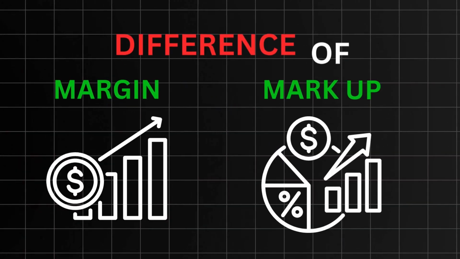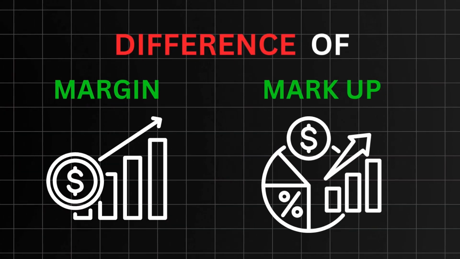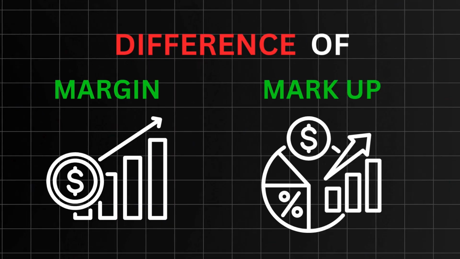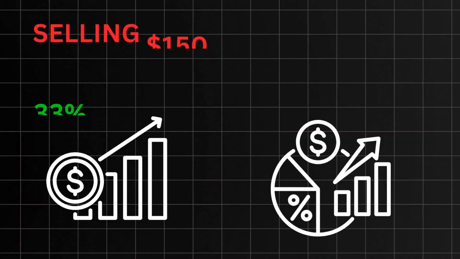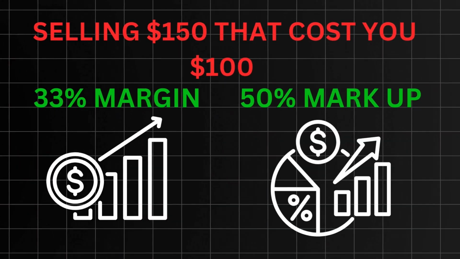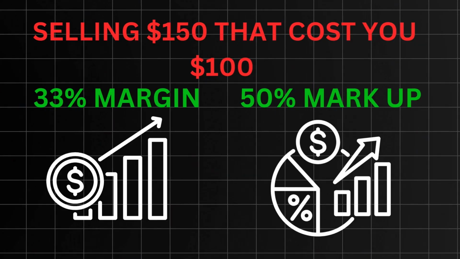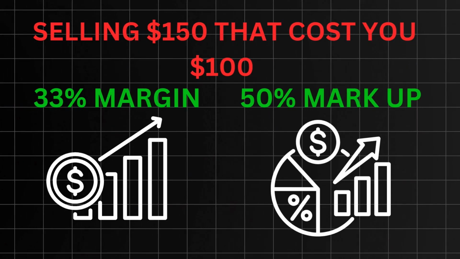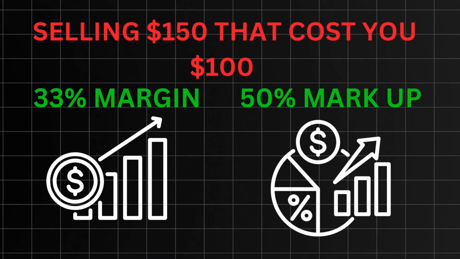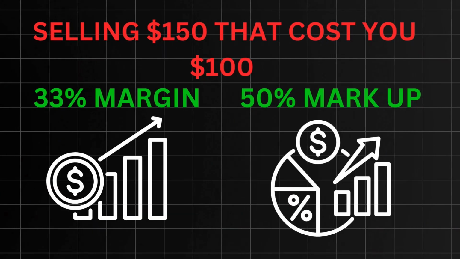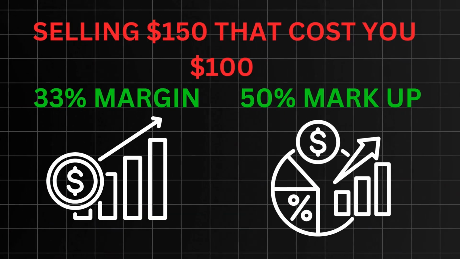If you don't understand the difference between markup and margin, here's an example. You sell something for $150 that cost you $100. That is a 50% markup, but it's only a 33% margin. So there's a big difference between markup and margin.